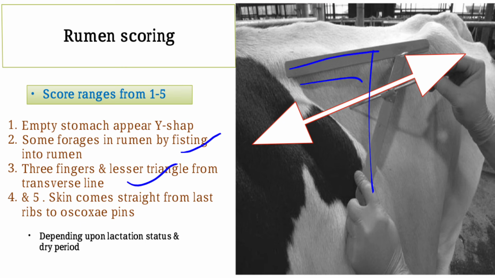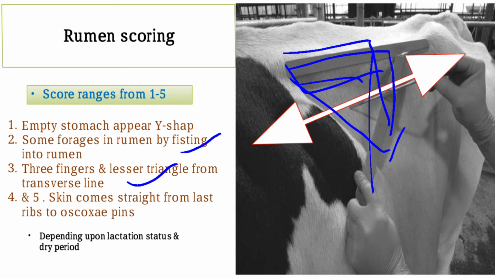This is the transverse line and this makes the triangle. If it makes the Y shape, then this matches score 1, while if it is a little bit more than the Y shape, it indicates 2, while if it is less, and from this region to this comes only 3 fingers, then it indicates that this is rumen score 3.